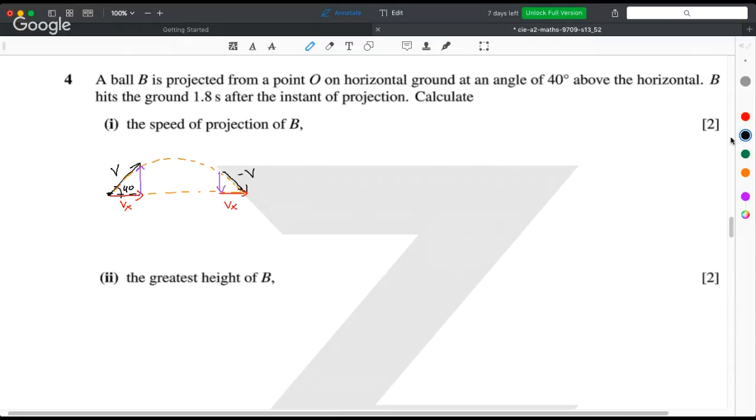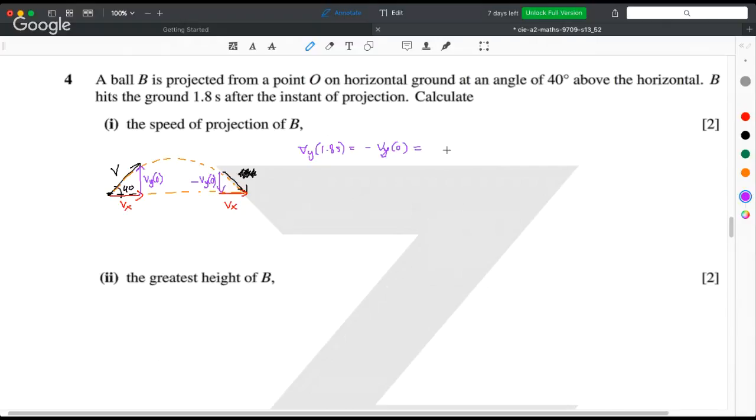Actually, this isn't minus v. That was wrong. It has the same magnitude, but it's not actually minus v. If this is vy at 0, then this is going to be minus vy at 0. So we can say that vy, the vertical component of the velocity, at 1.8 seconds is equal to minus the vertical velocity at 0.